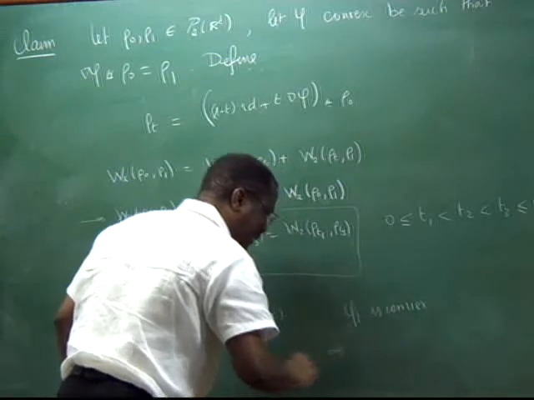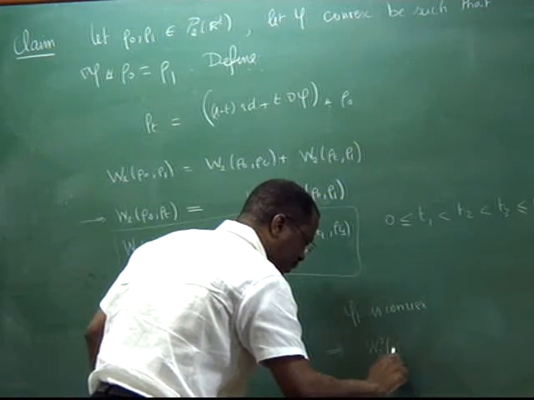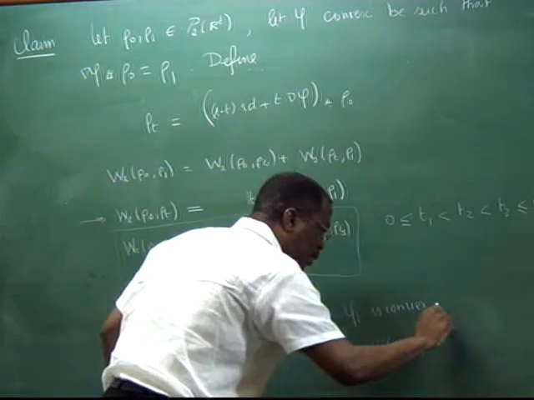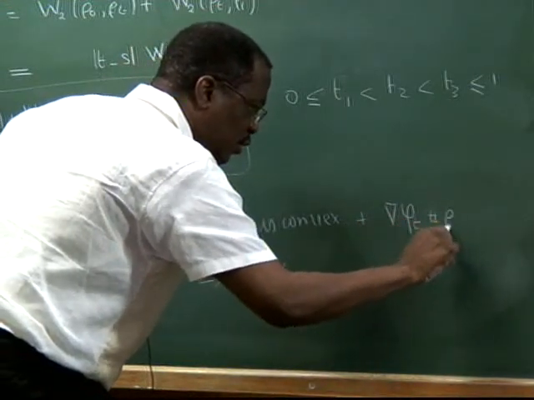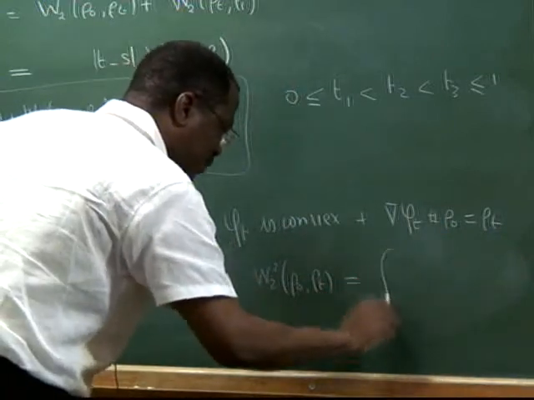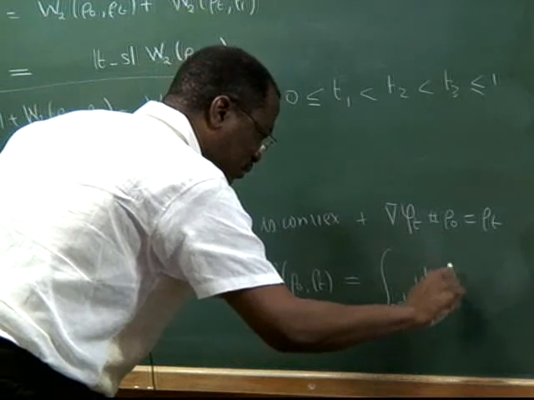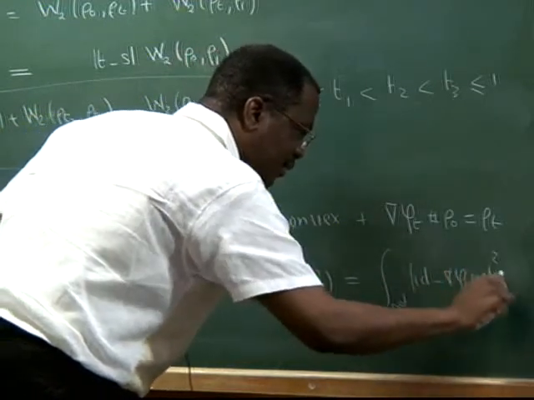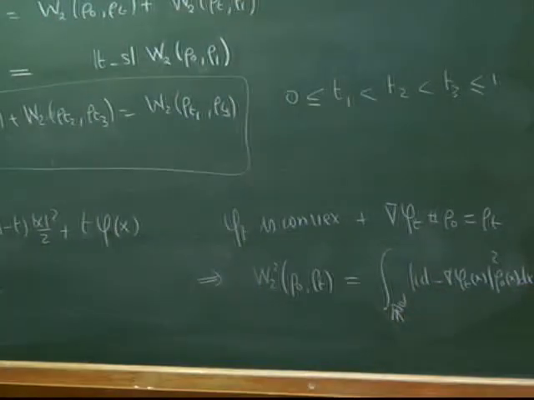This implies that the Wasserstein distance squared between rho naught and rho t, plus the fact that the gradient of phi t pushes rho naught to rho t, by definition, is the integral over Rd of |identity minus the gradient of phi t| squared rho naught of x dx.